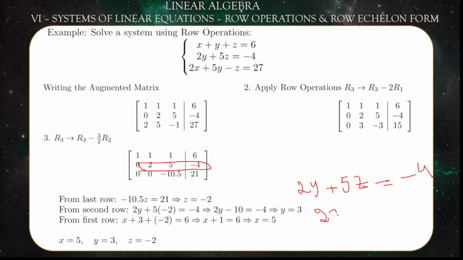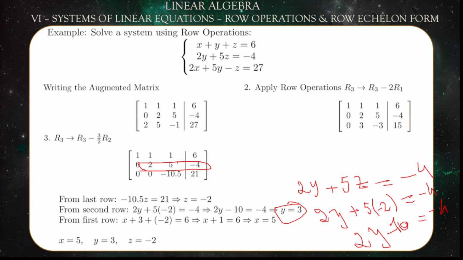So 2y plus 5 times minus 2 is equal to minus 4. So 2y minus 10 is equal to minus 4. It becomes plus 10 minus 4, which is 6. Then y equals 3.